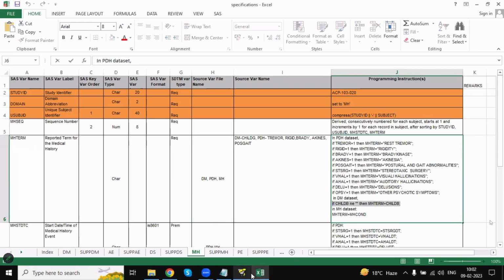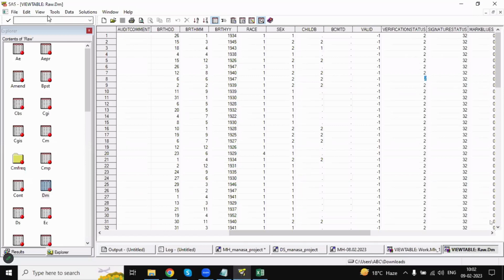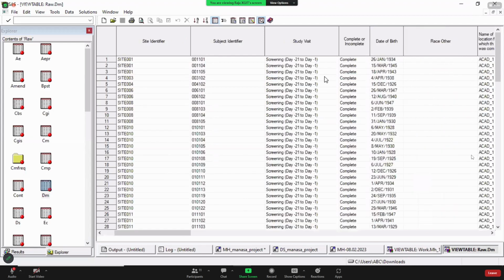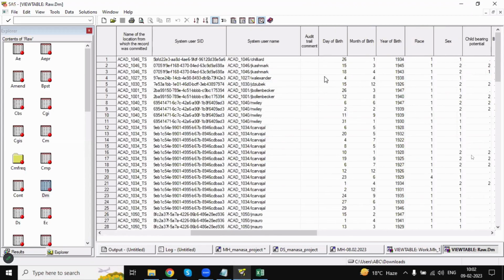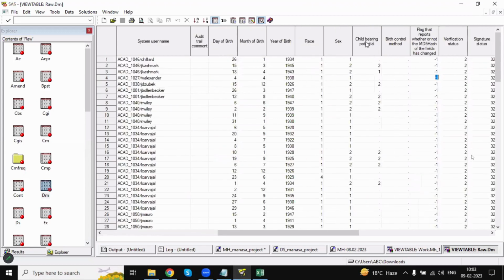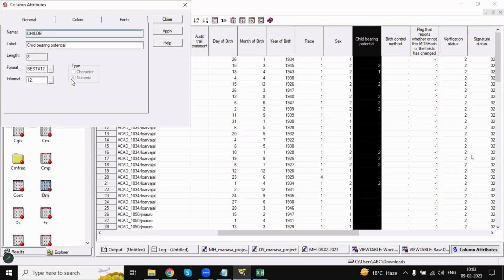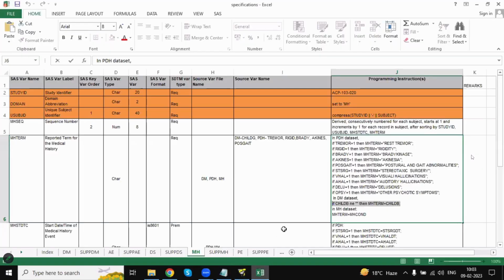You observe here, first of all, the problem in the given data: child bearing potential is a numeric variable, correct? How can you assign it to a character variable? MHTERM is a character variable, right?